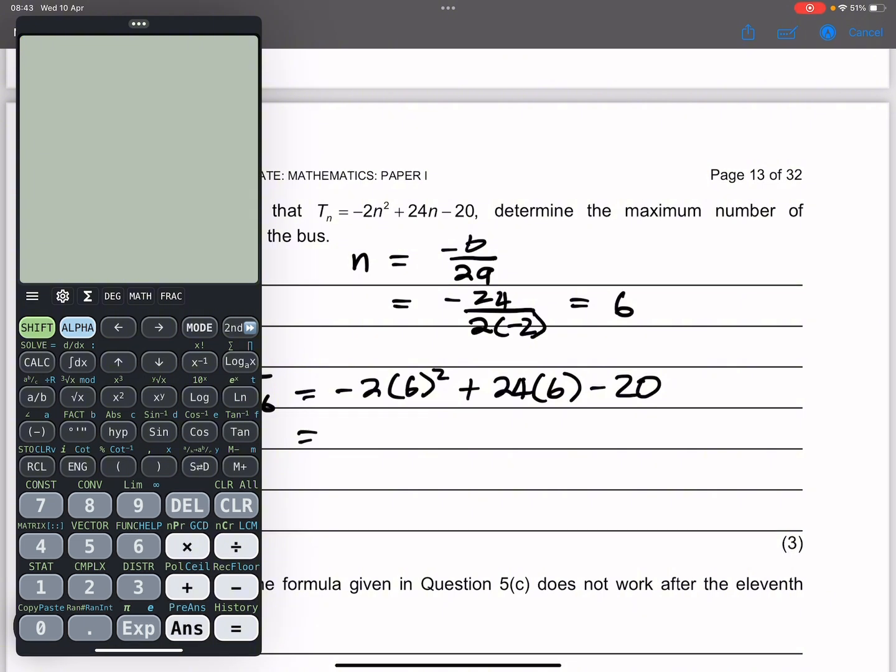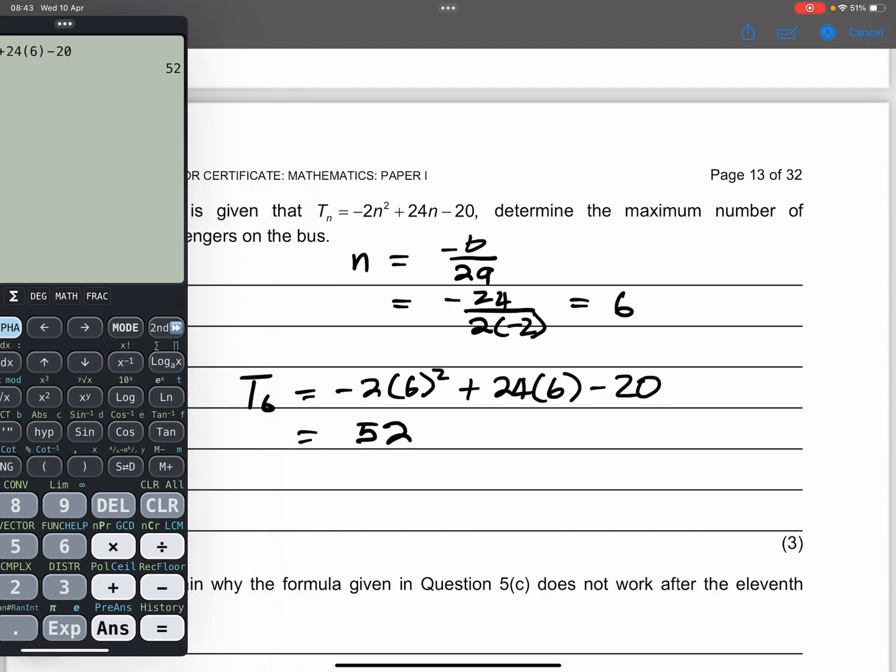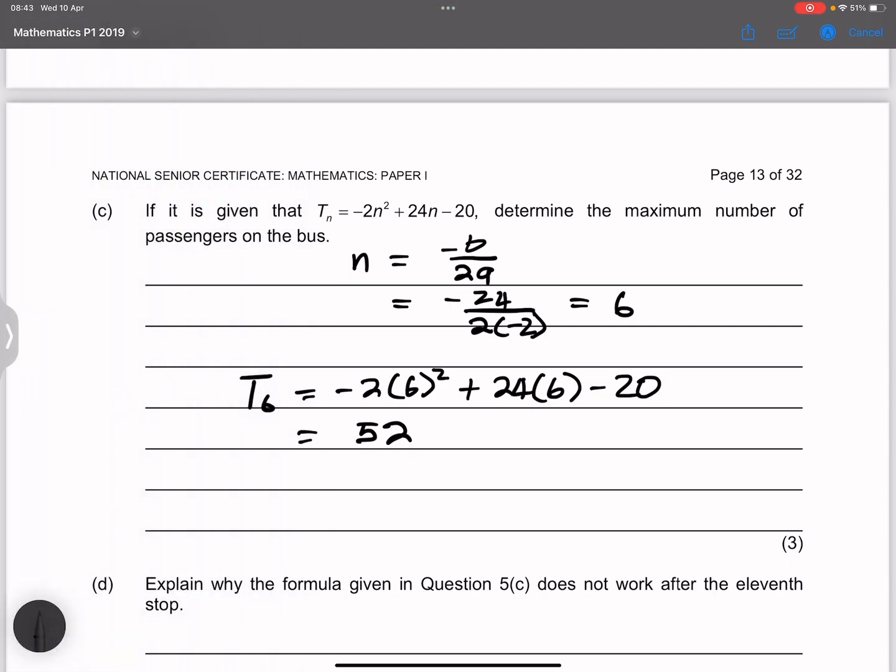So that's -2 into 6 squared plus 24 times 6 and minus 20. Okay, and I get a maximum number. The maximum number of passengers will be 52 passengers. Right, so that means after that, the number of passengers would actually decline, right?